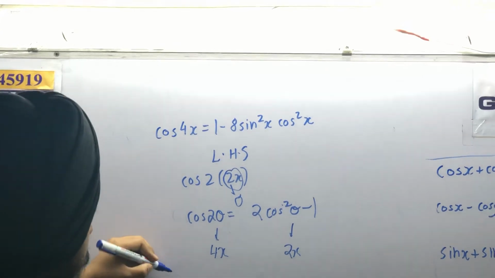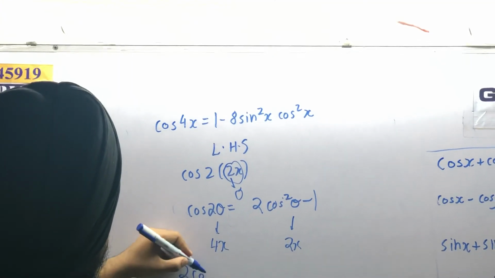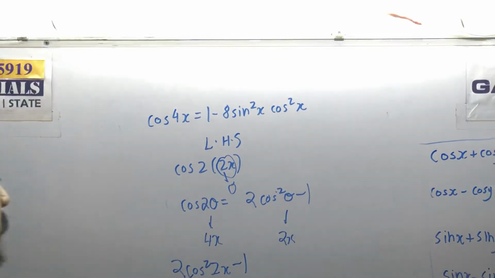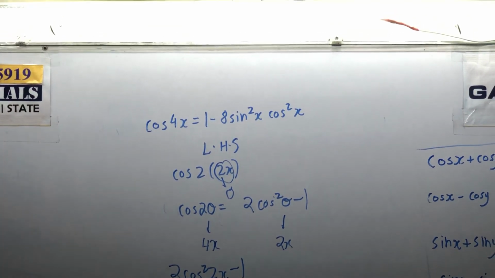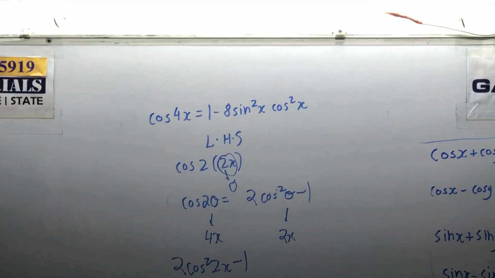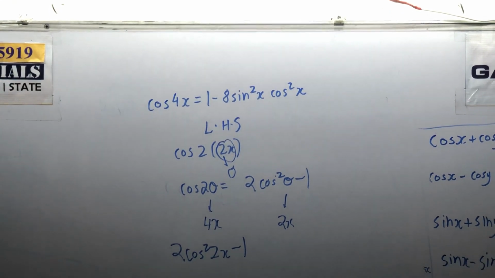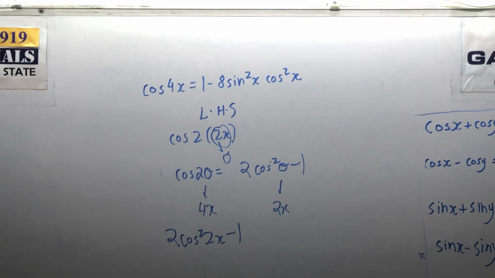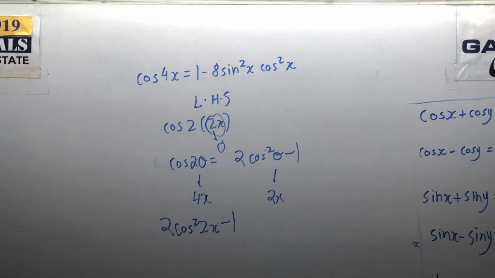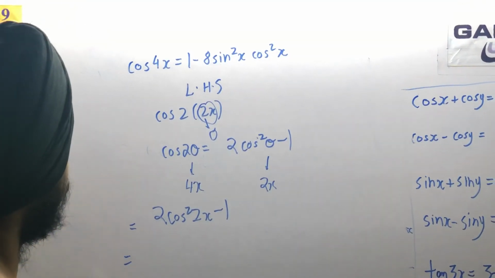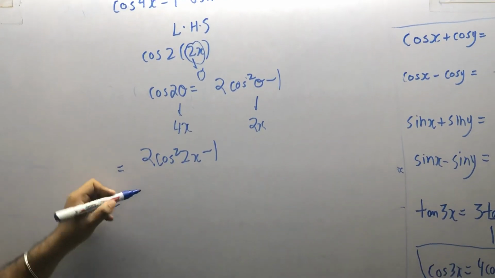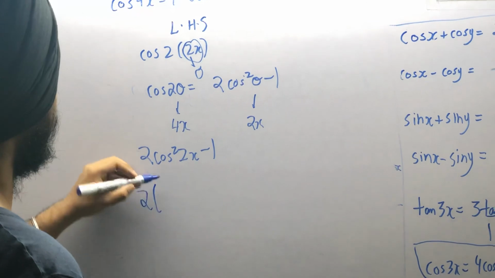So just substitute the value. 2 cos square 2x minus 1. Now, as you can see in the question, on the right hand side there is sine square also written. So what we can do now is try and open this cos square 2x.